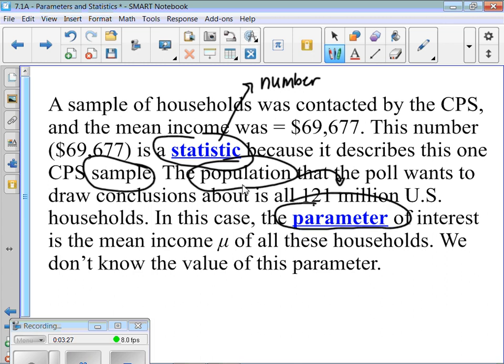So population goes with parameter. P with P, S with S. When we're talking about population, we're describing it. When we're talking about a parameter, we're talking about a specific number, but we don't know it most of the time. It would be really hard to interview 121 million households to get the mean income. That's why we do samples.